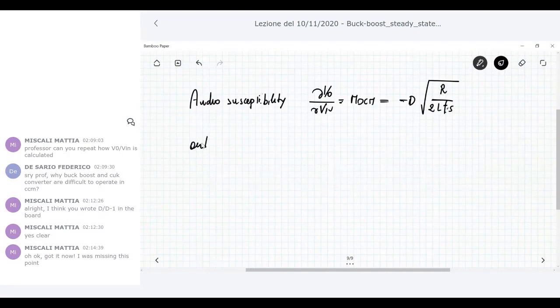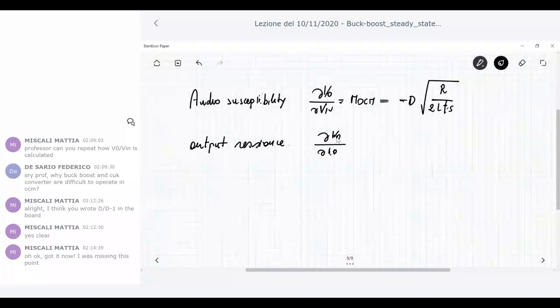Okay, small signal output resistance. This is delta V naught over delta I naught. Remember that in CCM, for all the converter topologies, this is null. That means that you have a very good power supply, a very good voltage source.